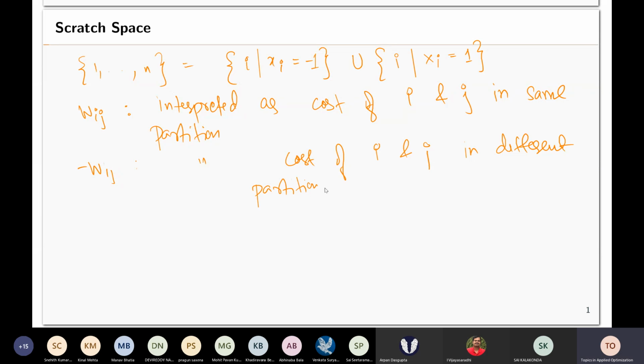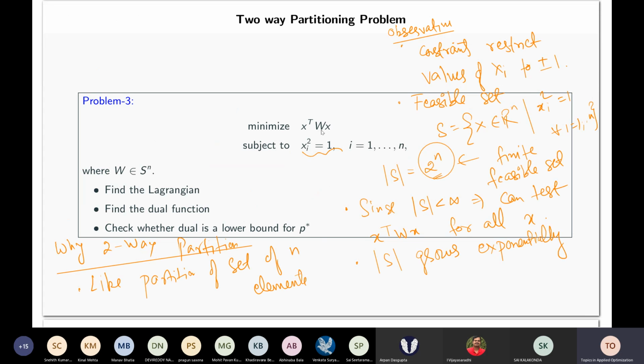In other words, overall the problem looks like finding a partition with the least cost. You partition these in such a way that this whole cost is minimized.